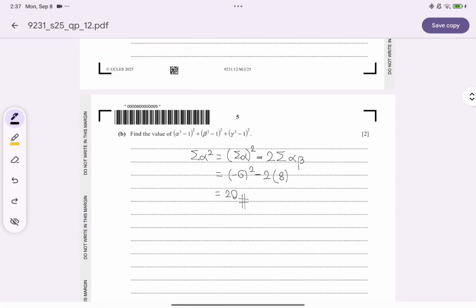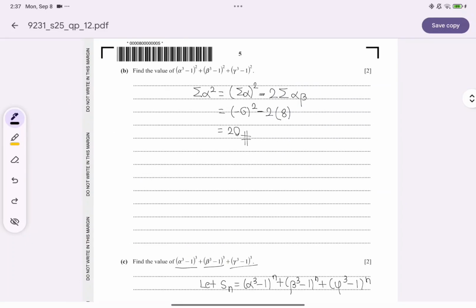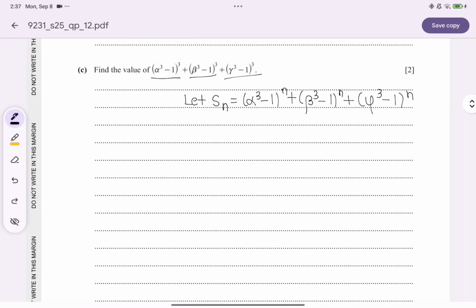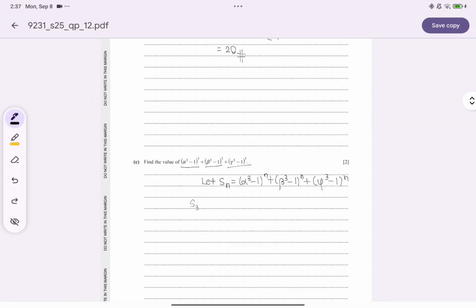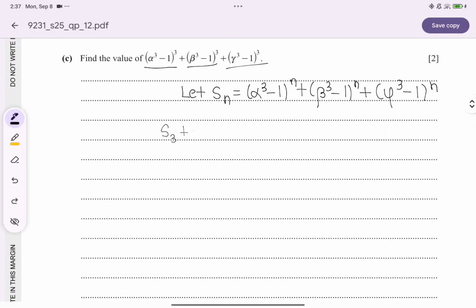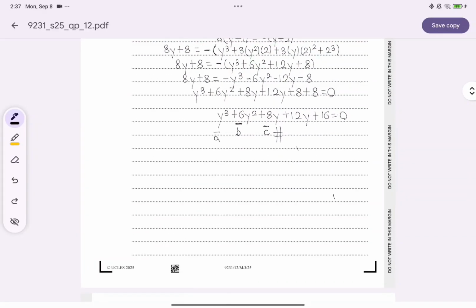Okay, so let's reference our previous equation. So we have y cubed. Now we replace that with s3, and for the y squared, we'll replace it with s2, and for y we'll replace it with s1, and so on and so forth.